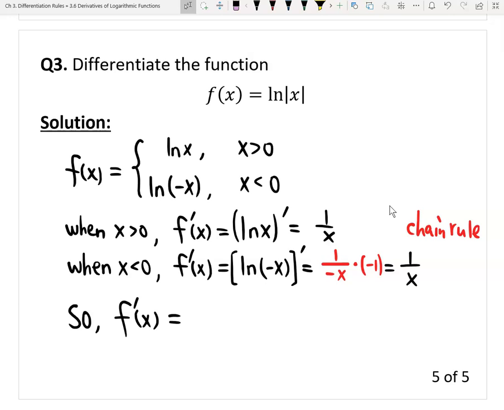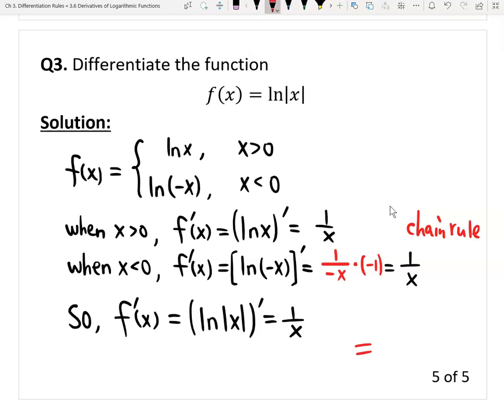The original function is ln of the absolute value of x, and its derivative equals 1 over x. This is the final answer for this question.